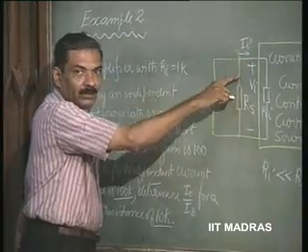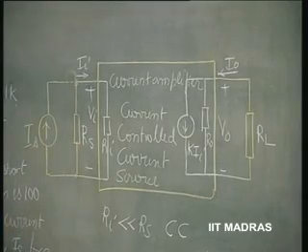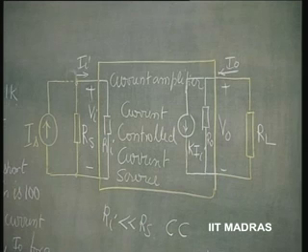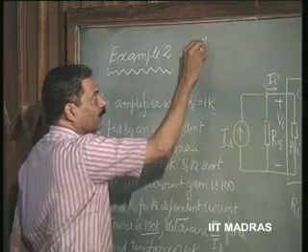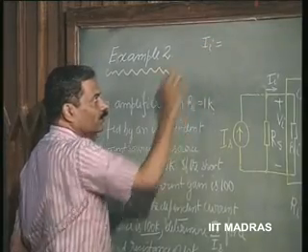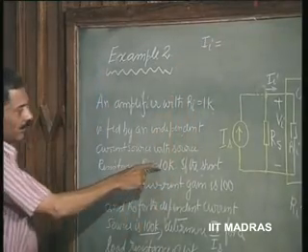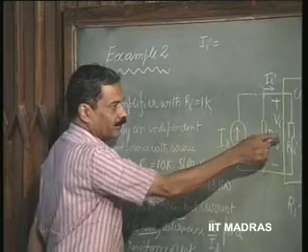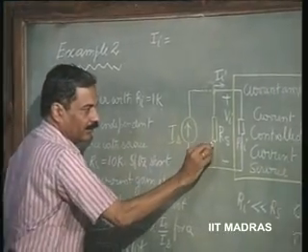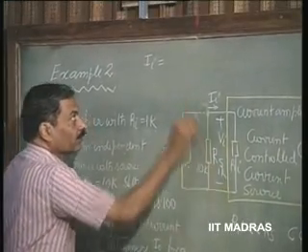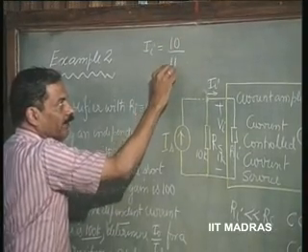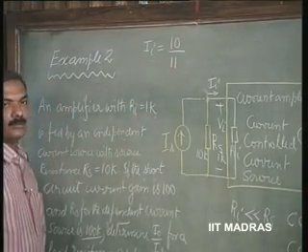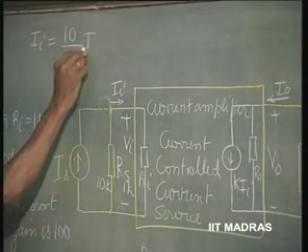Very little will go through this because we have chosen our parameters properly, so that it acts as a current controlled source. So Ii is going to be, with 10 K and 1 K, 10 divided by 10 plus 1, which is 11, times Is.